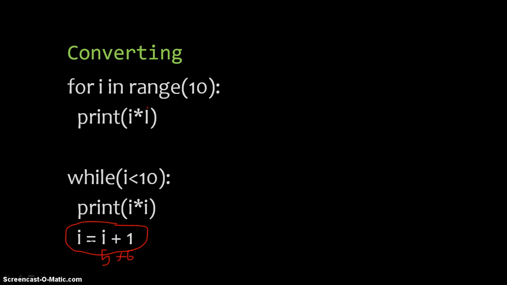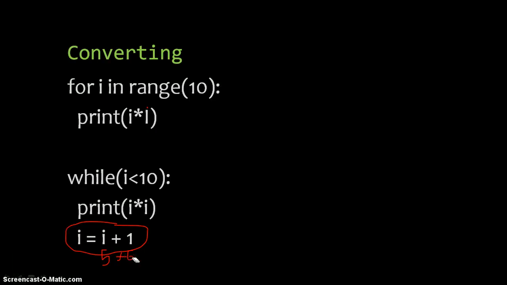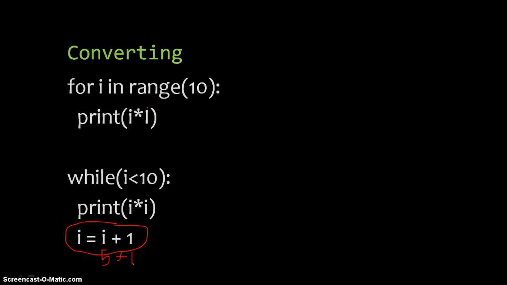It's saying, assign this. 5 plus 1 is 6, and that gets assigned to i. So now i has the value of 6. The single equals is an assignment.